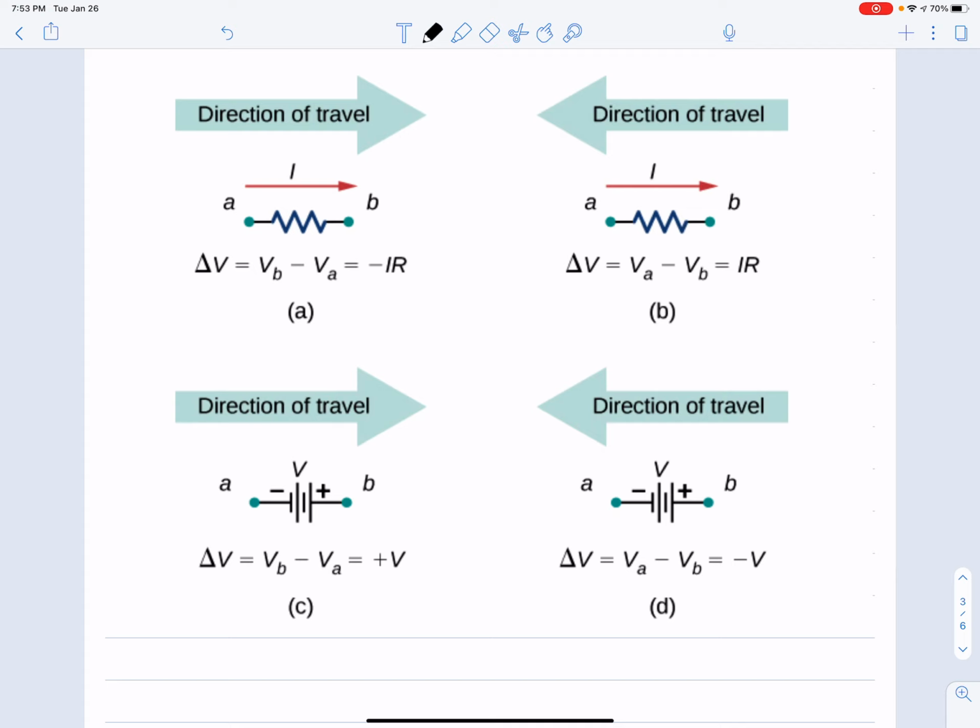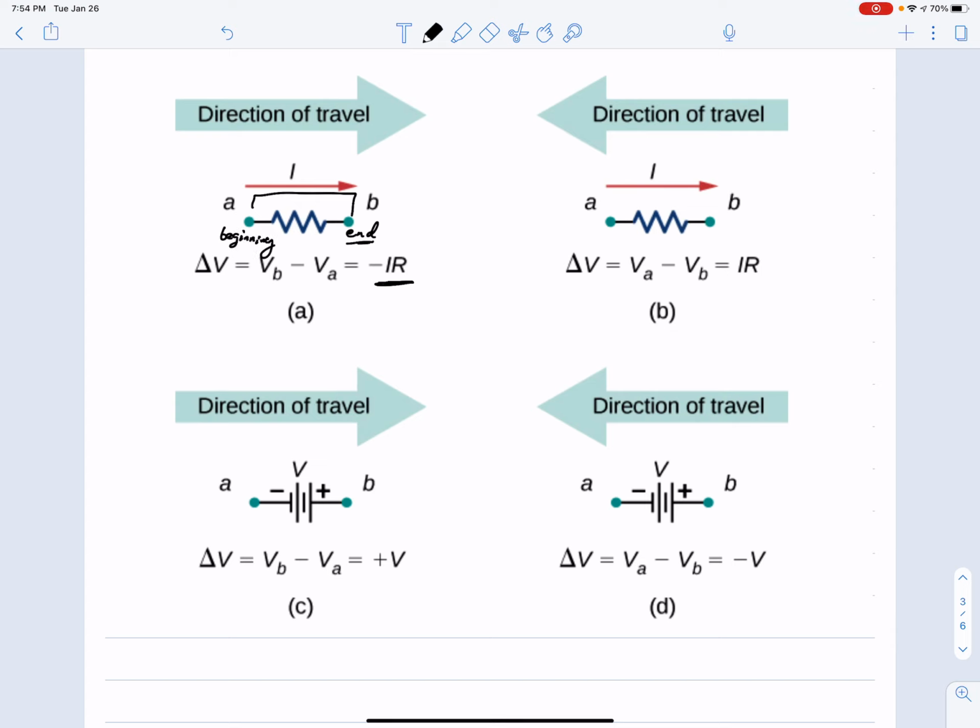If I'm following the current and also the direction of the loop, going from A to B of the resistor, then the voltage across the resistor, picking my voltage meter and picking A and B, will be negative, because I am choosing from the end to the beginning, subtracting that.